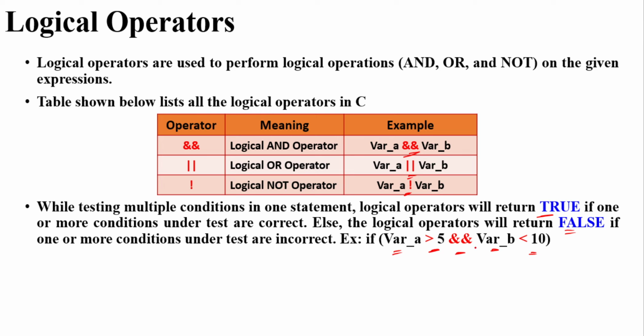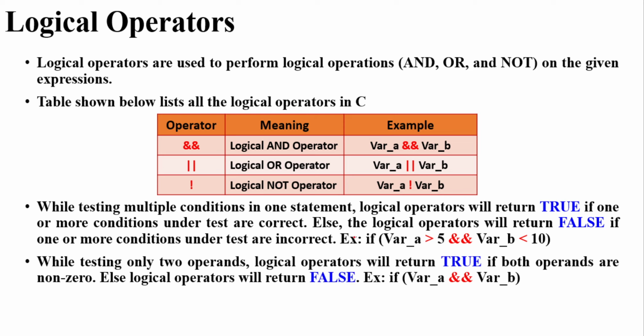Otherwise, this statement will return false. Similarly, when we have only two operands like variable a and variable b, the logical operators will return true if both operands are non-zero. So if both a and b are non-zero, only then will you get a true condition or a 1.